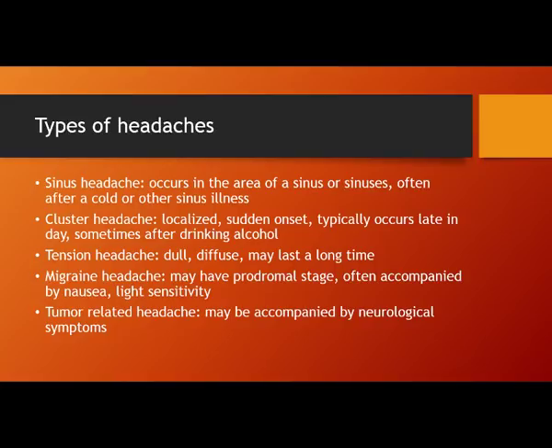And then you want to read, of course, the general characteristics of those types of headaches too. It's important on all of your test questions to read the stem carefully. Sometimes we get questions like, the nurse suspects that this patient might have such and such.